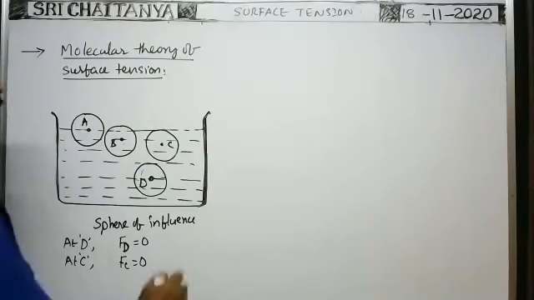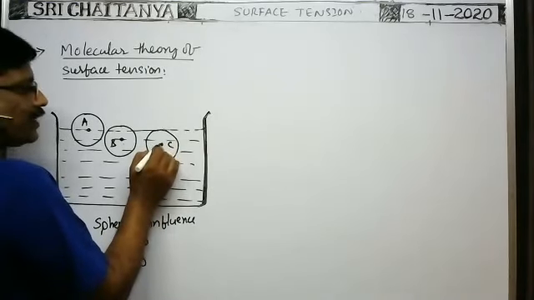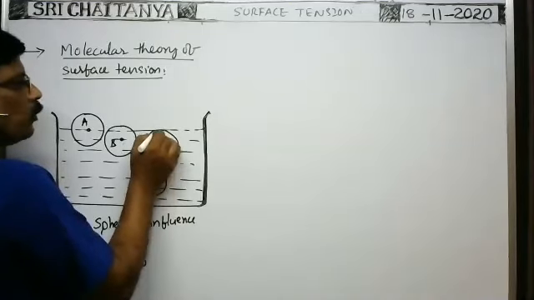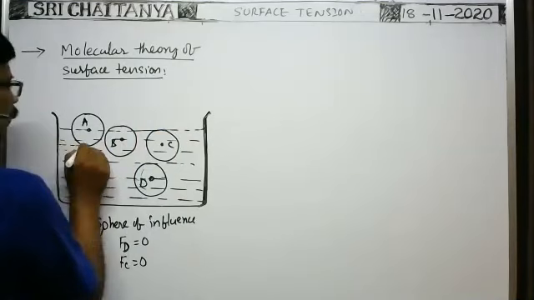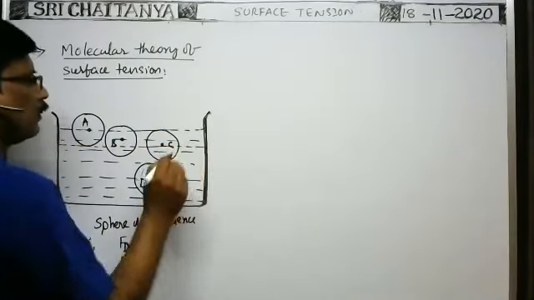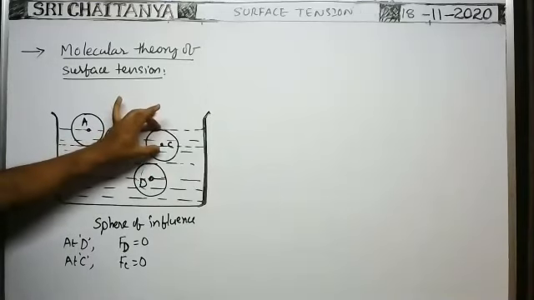Here, this molecule C is at a distance equal to the molecular range of attraction from the surface of the liquid.